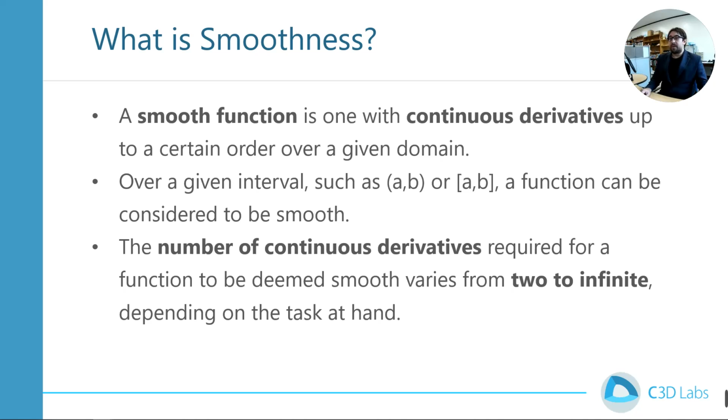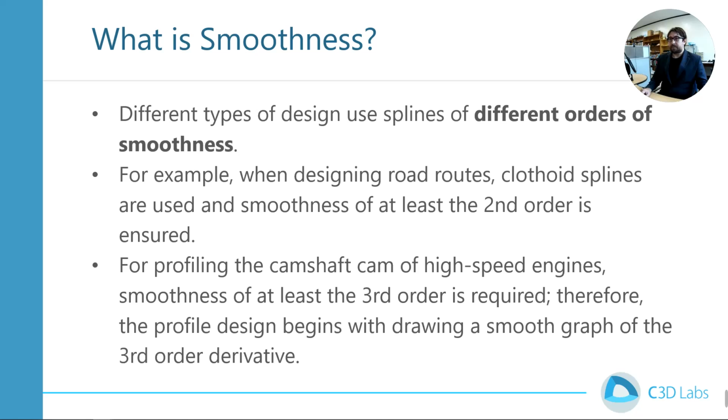The number of continuous derivatives required for a function to be deemed smooth varies from 2 to infinite depending on the task at hand. Smoothness is a property of a function or a curve or surface indicating that this function can be differentiated, or that each point of the given curve or surface has surroundings that can be defined using differentiable functions.